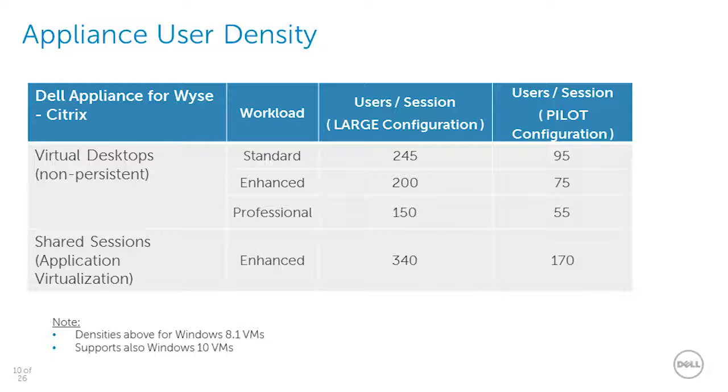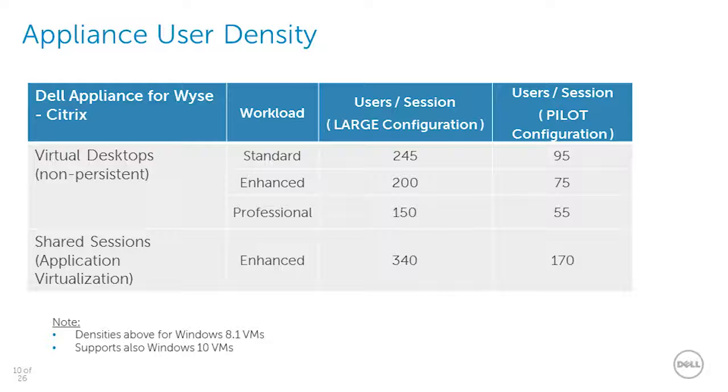Let's look at how many users you can put on each appliance. These are the testings we've done in our labs using Citrix XenDesktop 7.7, and that's a user density for Windows 8.1. The appliance has been tested for different VDI workloads using VSI Login standards.